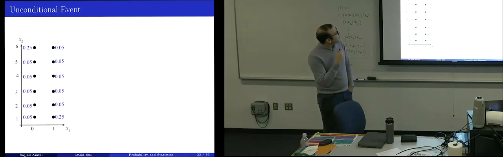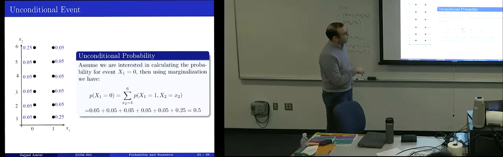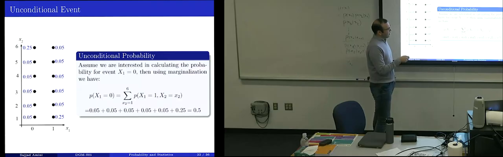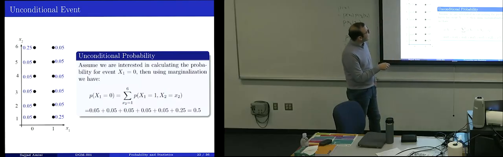So, assuming unconditional events, which we defined before, assume that I want to calculate the probability of tail, because 0 is tail. It means that I should sum the probability of points in which the result of the coin is tail, and it is these states.